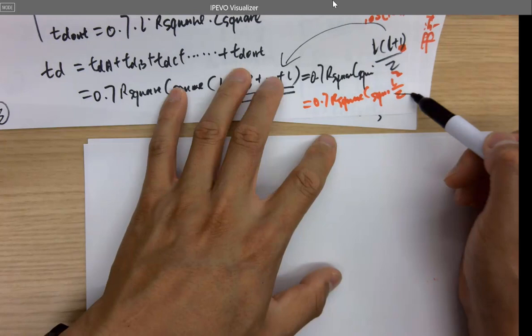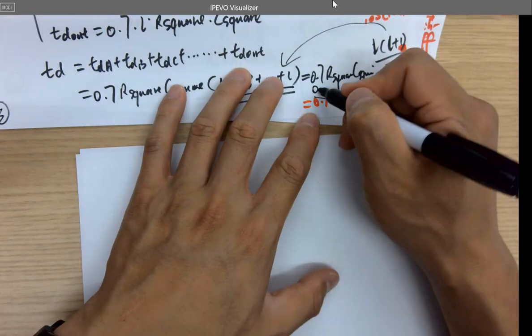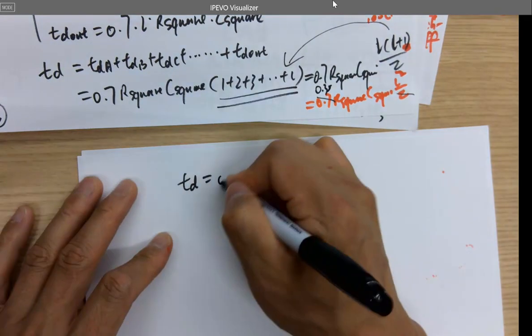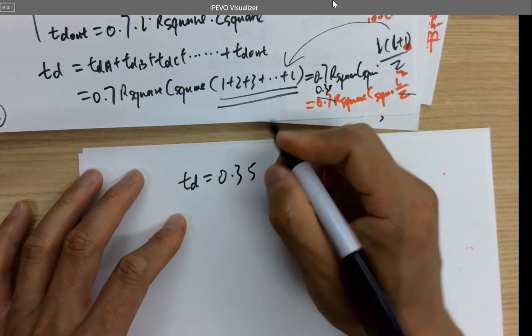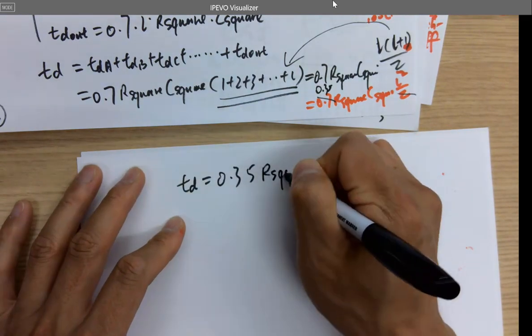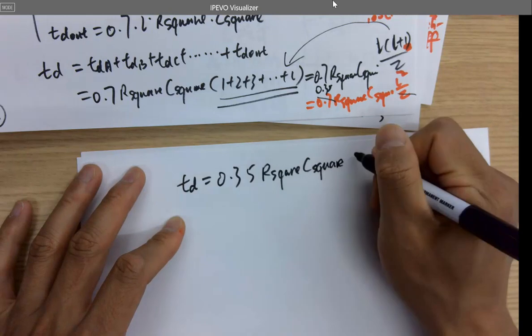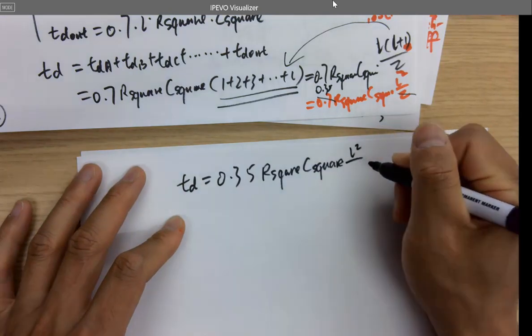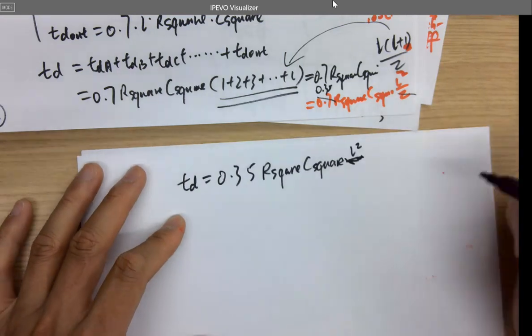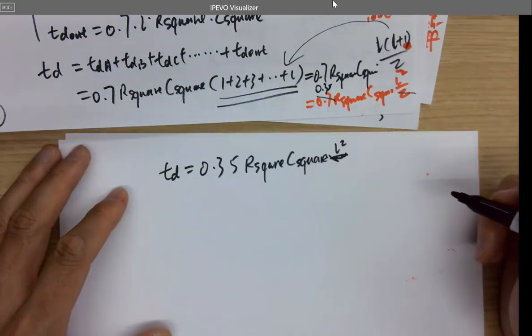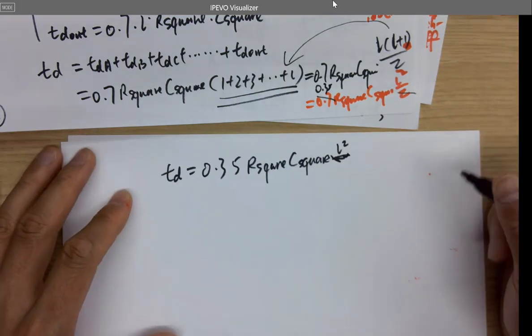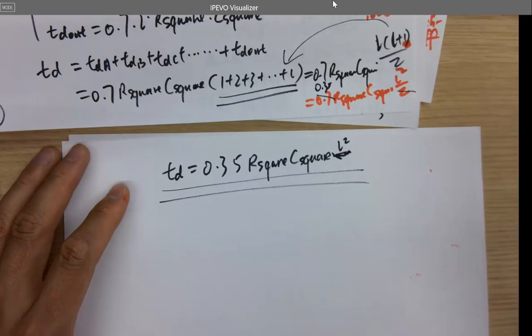I got 2 here, cancel. I got a 0.35. So it becomes 0.35 R squared, C squared, L squared. The 2 is canceled. That's the time delay for the n-well.